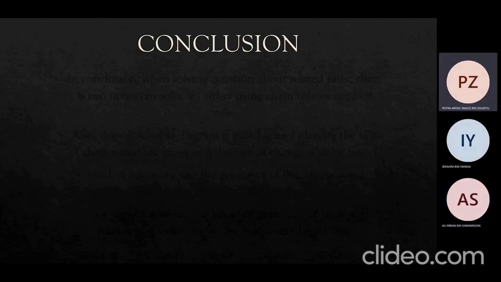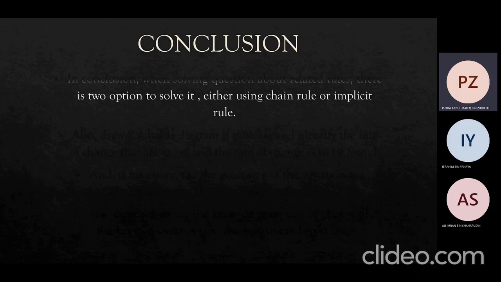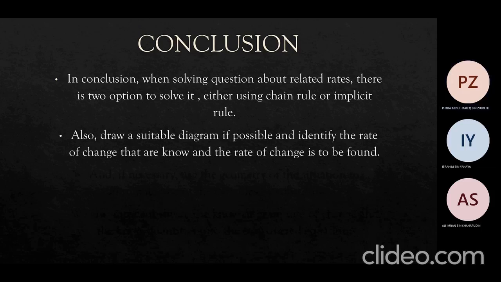Okay, now for the conclusion of this topic, which is related rates. In conclusion, when solving a question about related rates, there are two options we can use to solve it, either using the chain rule or implicit differentiation. Also draw a suitable diagram if possible, and identify the rates of change that are known and the rate of change to be found.